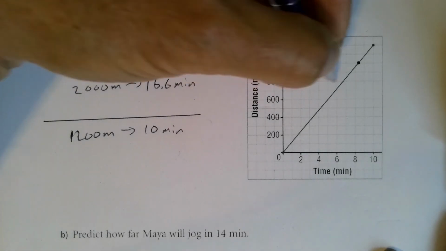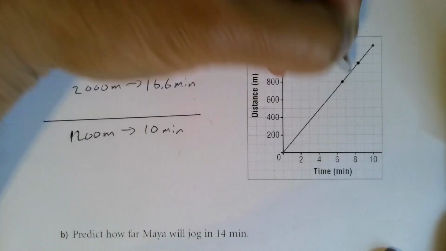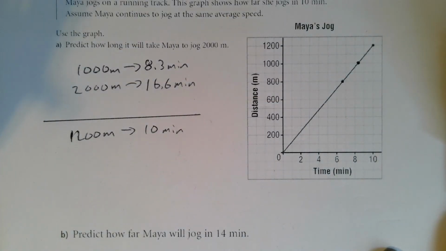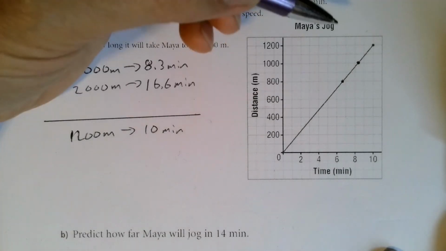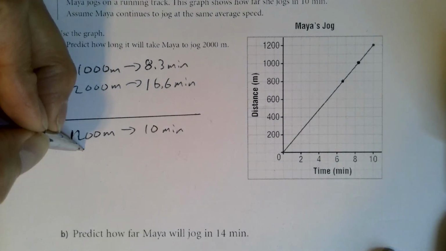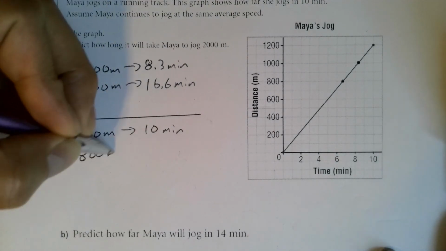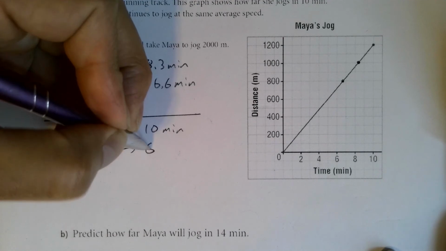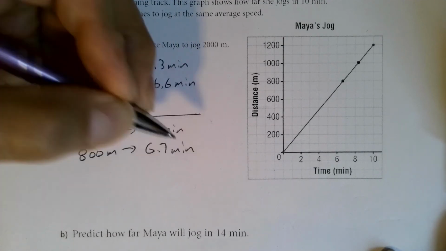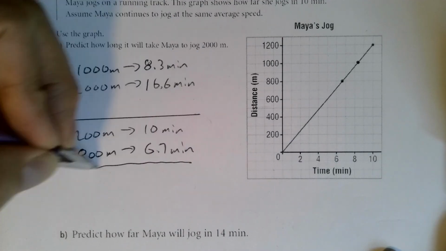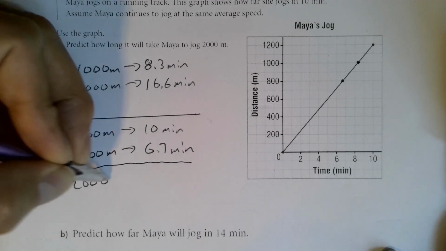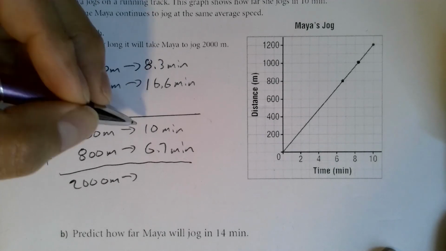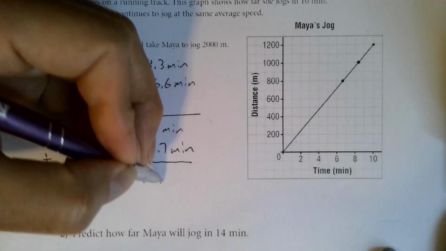I'm going to trace that across to right there. And that looks like it's about 6.7 minutes. And again, I'm just kind of guessing here. So if we added those together, 1,200 meters plus 800 meters would of course be 2,000 meters. And that would take 16.7 minutes.